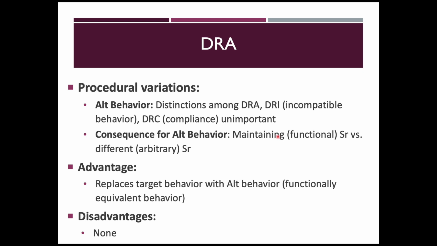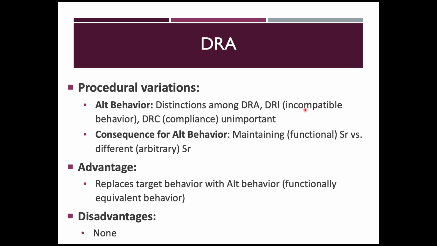So for example, a DRI, incompatible behavior. Well, let's think of how that might be applied. If an individual engages in a behavior such as hand mouthing, right? That is, they stick their hands in their mouth repeatedly or continuously, and there's hygiene issues, there's issues to the mouth. It's a problematic behavior.